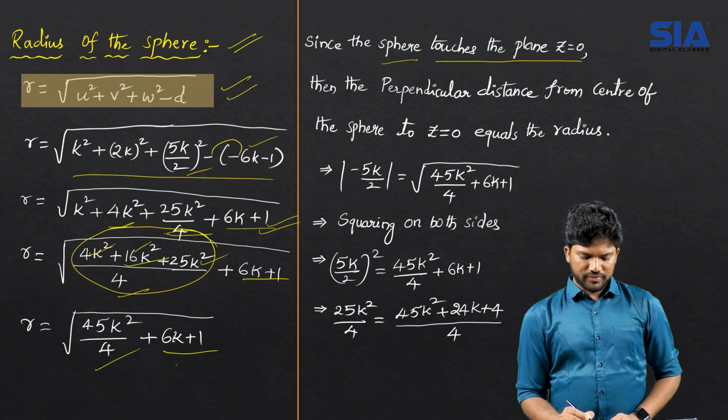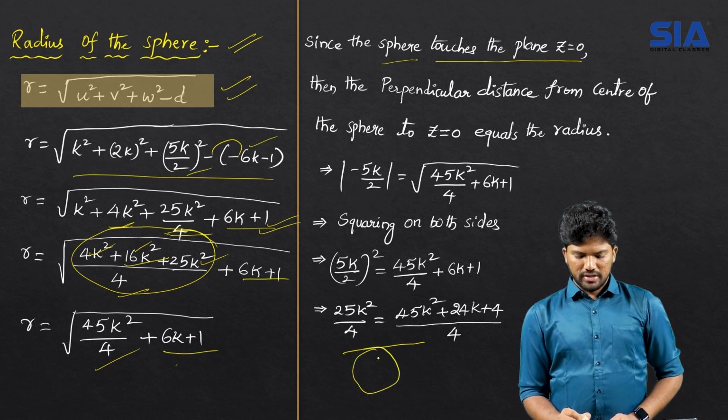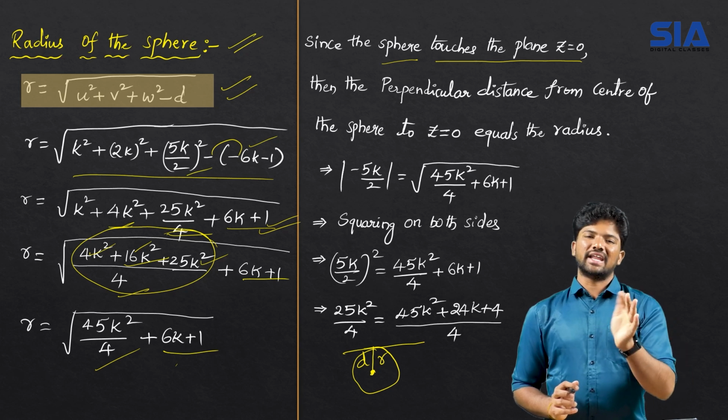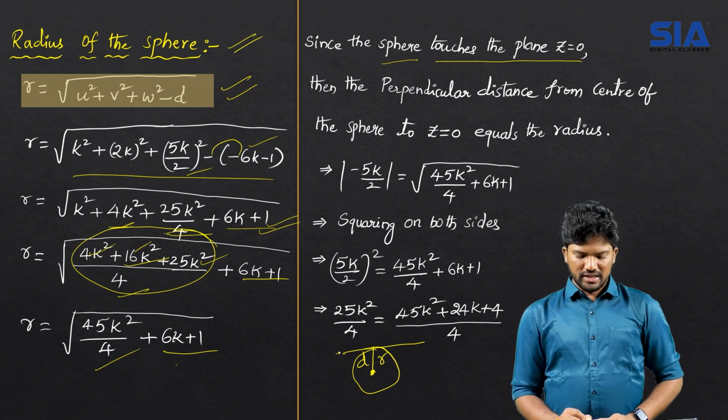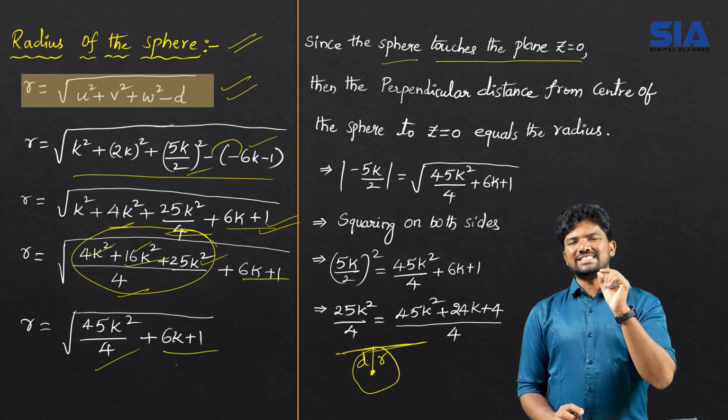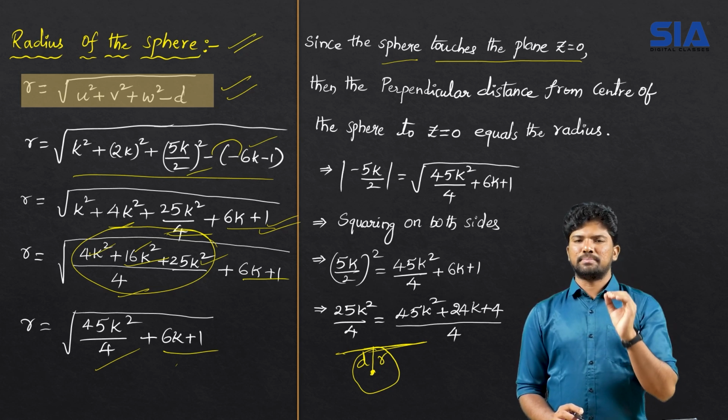Whenever a sphere touches the plane, from the center of the sphere we can take the distance. From the center of the sphere this distance is small r, and whenever the perpendicular distance from the center of the sphere is equal to the radius of the sphere, then definitely that line is called a tangent line or tangent plane.